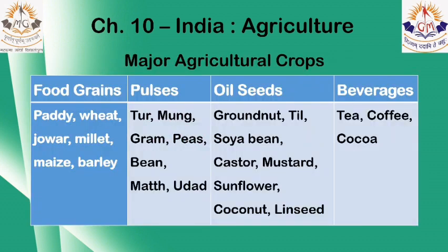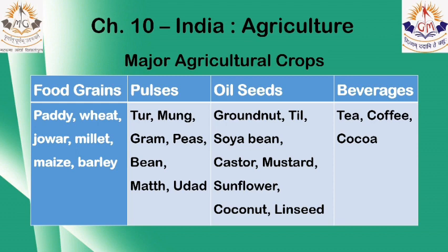Now let us have a bird's eye view of all the major agricultural crops that are grown in India, all different types of crops that are growing in India. They are divided into 8 categories. Out of that, 4 you can see on the screen. They are food grains, pulses, oilseeds, beverages.